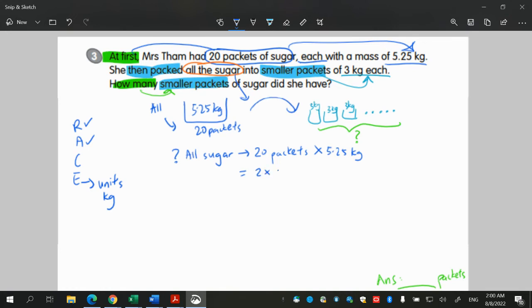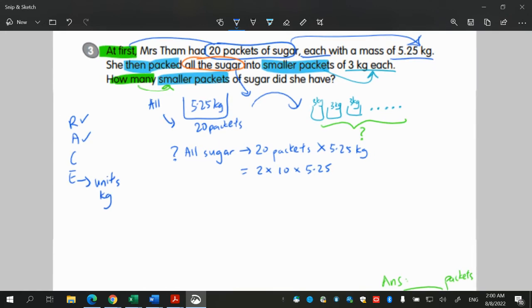So I'll go with this method that our class learned, breaking 20 into its parts. It's the number bond of 2 and 10. So 2 times 10 is 20. I'll do times 10 first. 5.25 times 10, so I move my decimal point.